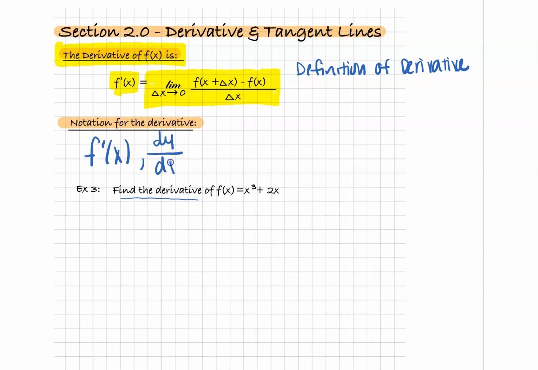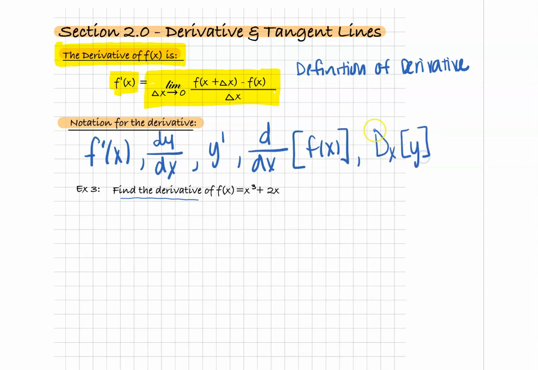You might say dy dx, and that's the derivative of y with respect to x. Sometimes we write the equations as y equals, so a derivative notation might be y prime. You might have d of dx of f of x, meaning take the derivative with respect to x of f of x. Or you might have this differential equation notation, and it's a capital D small x of y.